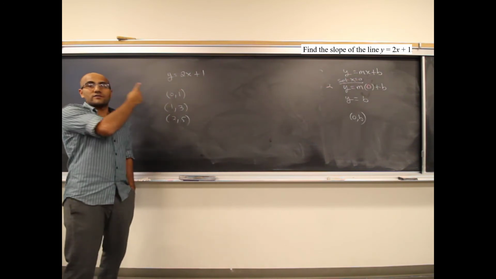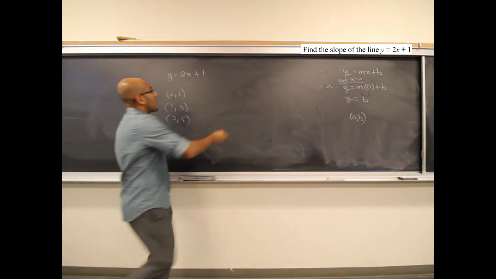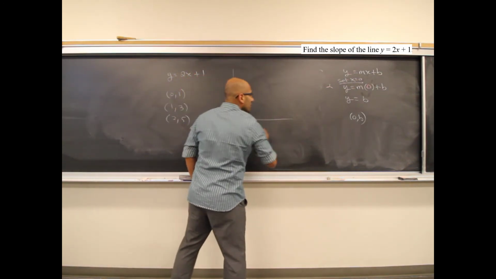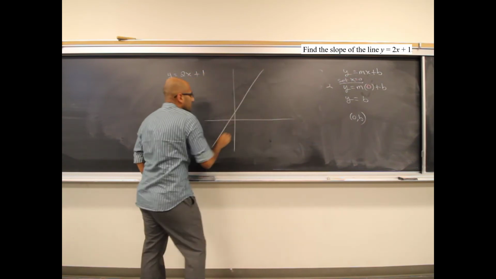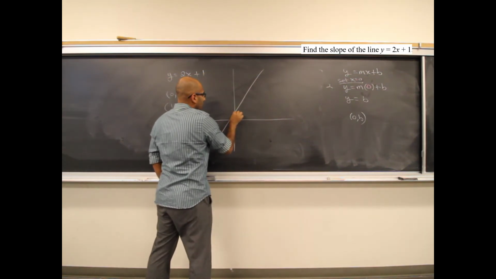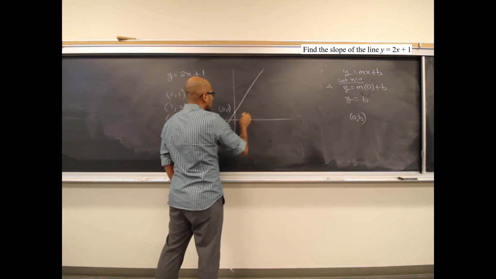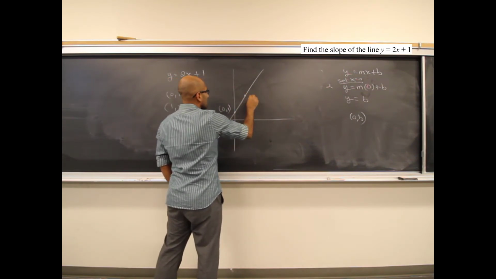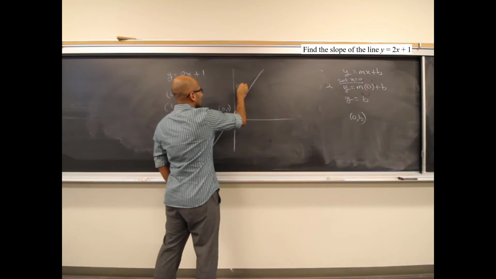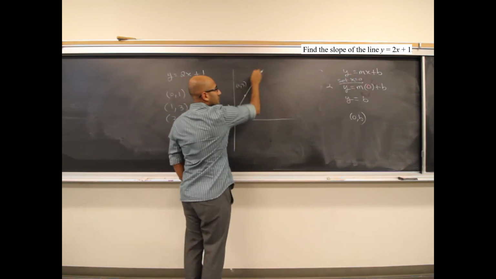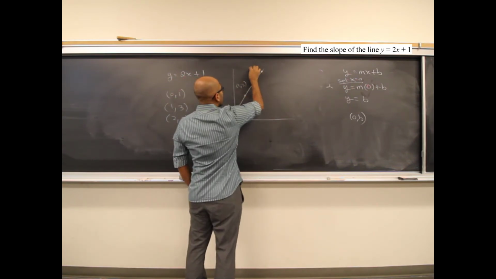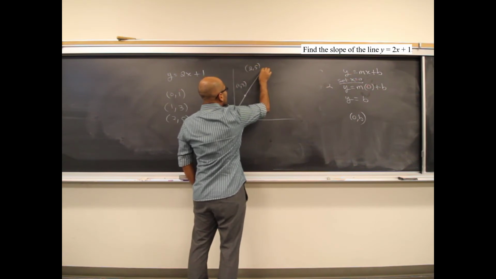They were all solutions to this equation. Then we graphed them, and we got a line that looks like that. We had the point 0 comma 1 and the point 1 comma 3, and another point over there, 2 comma 5, something like that.